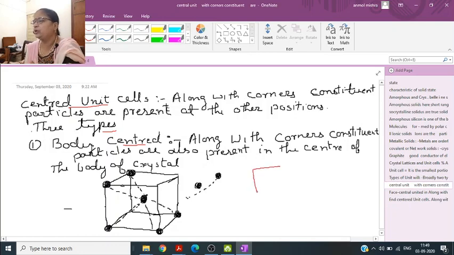This is a small cube. So 8 atoms are present at the corners and 1 is present in the middle. So this is called body centered.